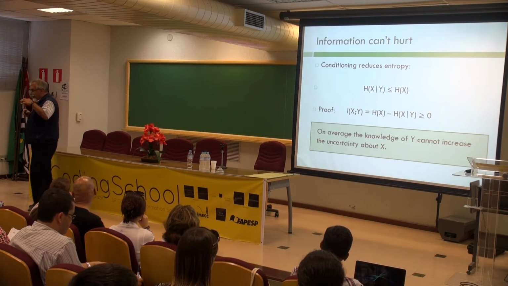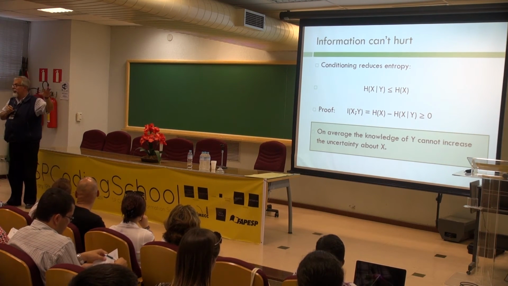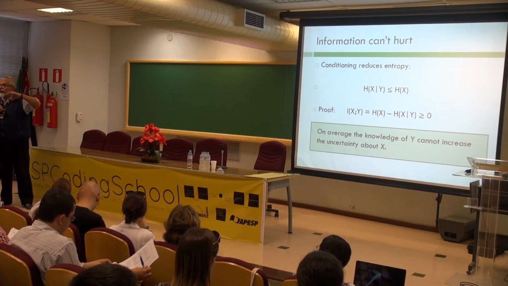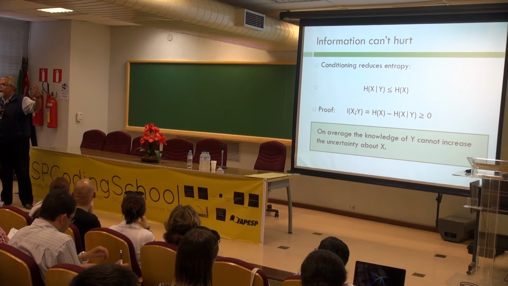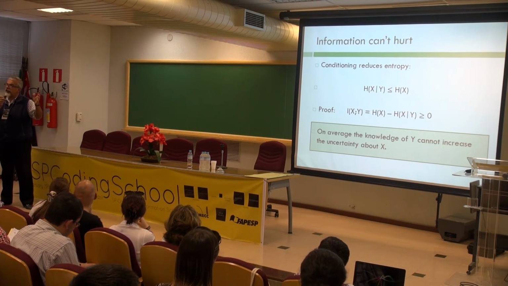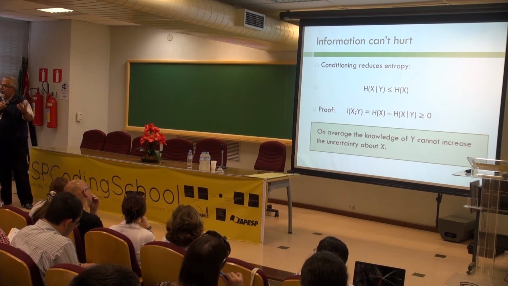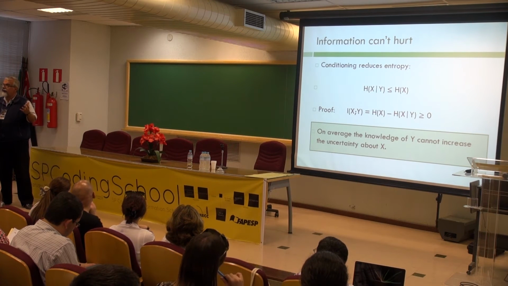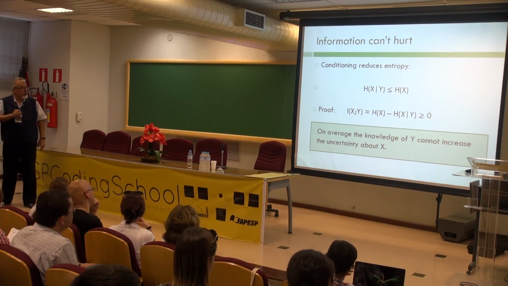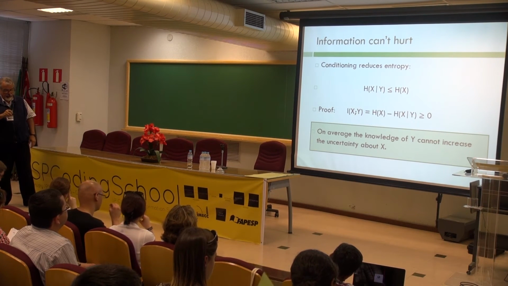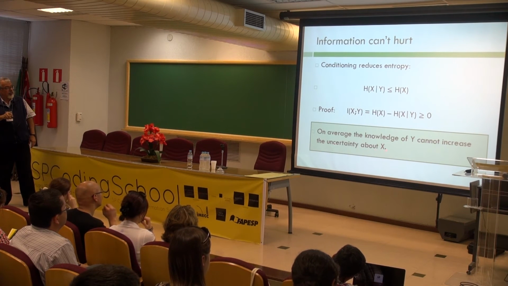Maybe specific information about some random variable will increase uncertainty in some way, but that can only happen for specific values of that random variable. On average, it's always going to decrease, or at least not increase, the amount of uncertainty. So on average, knowledge of y cannot increase the uncertainty about x.